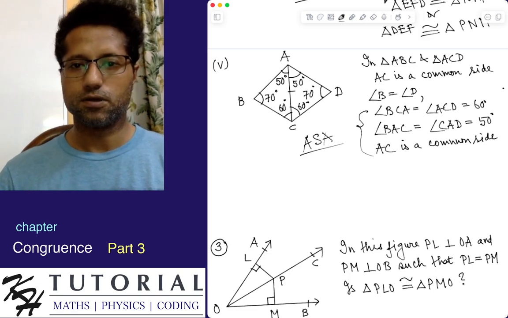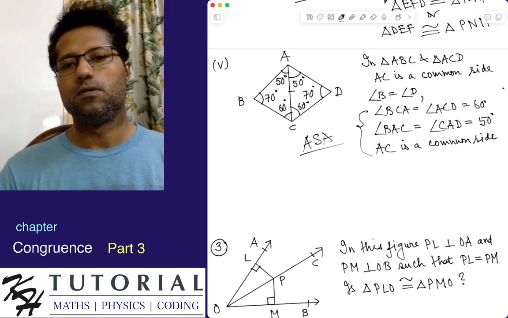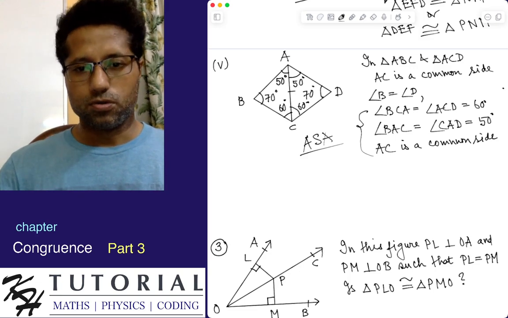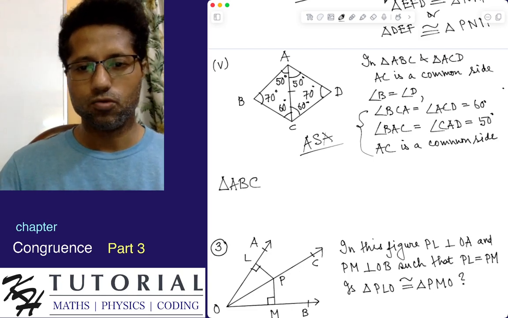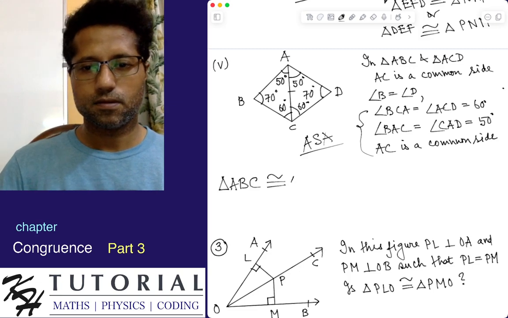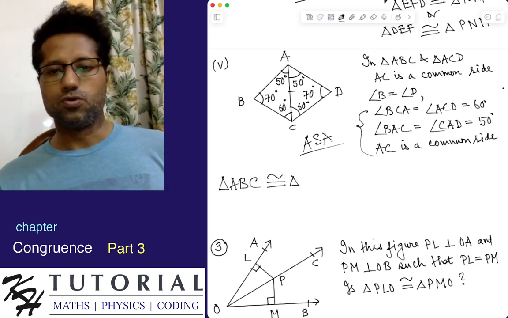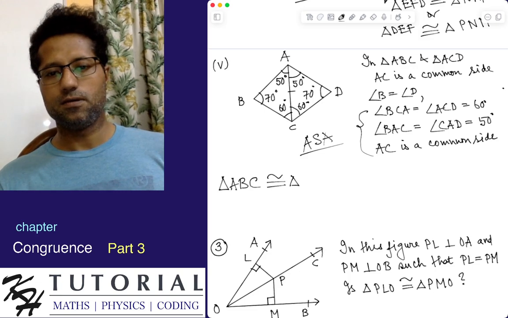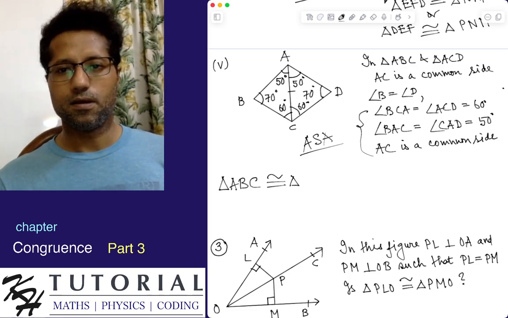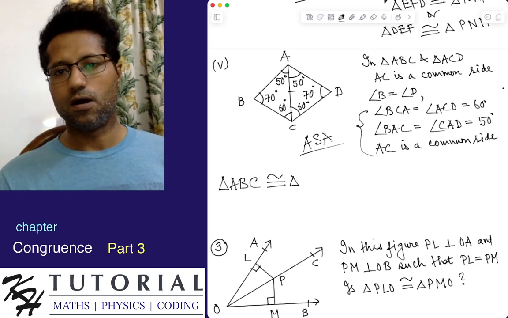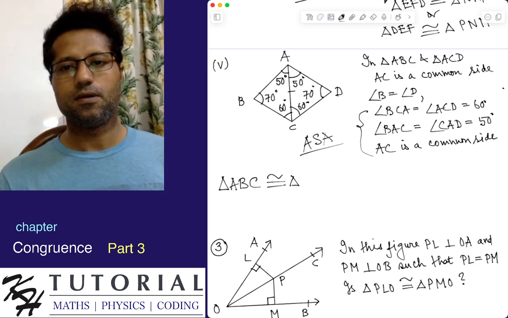So the first triangle is ABC. If I want to name the congruence relation, how do I do it? In triangle ABC, vertex A obviously corresponds to the same vertex in triangle ACD.